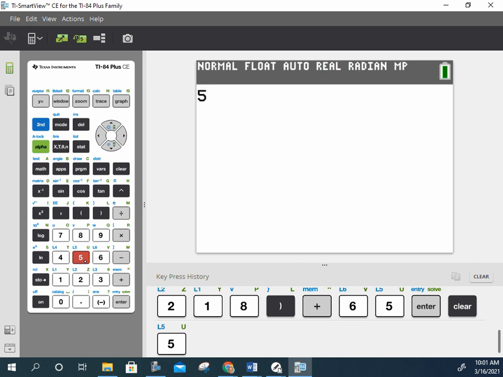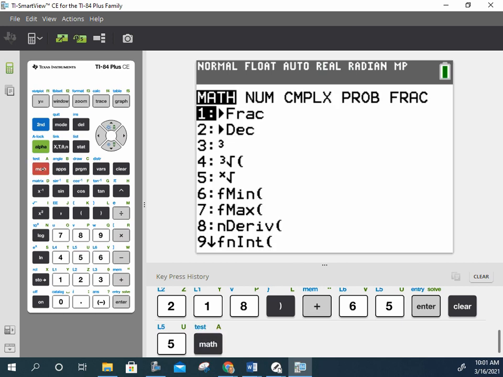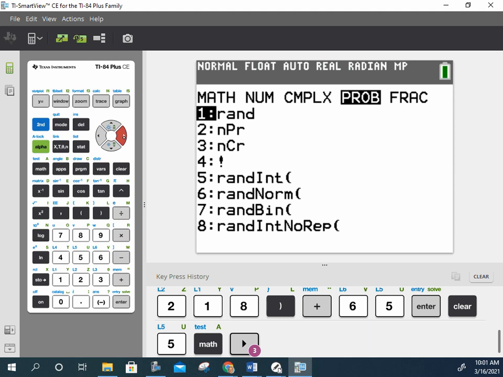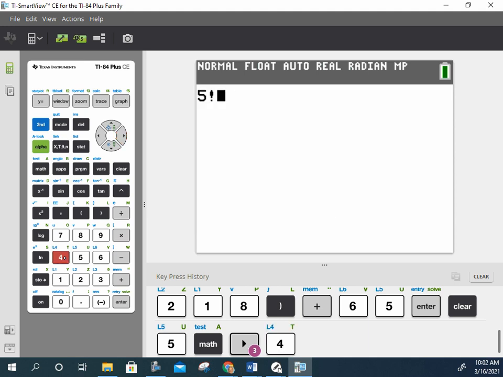Go to where it says math. Scroll over to where it says PROB. Notice that the 4th button down is an exclamation point. That's factorial. Press enter, you should get 120. That's how you do factorial in the calculator.